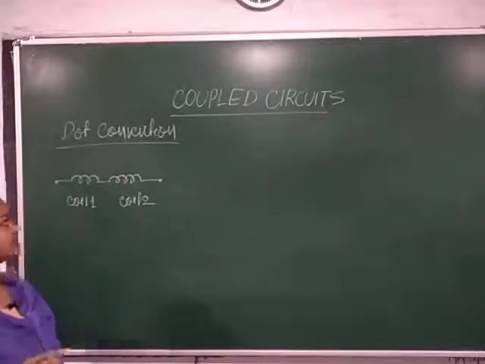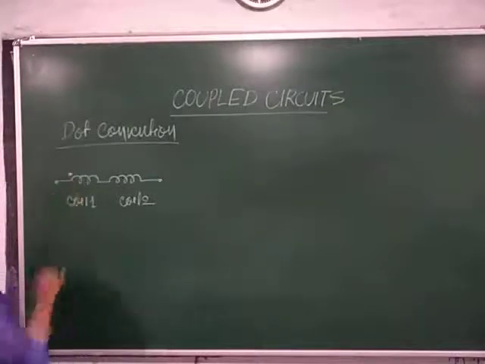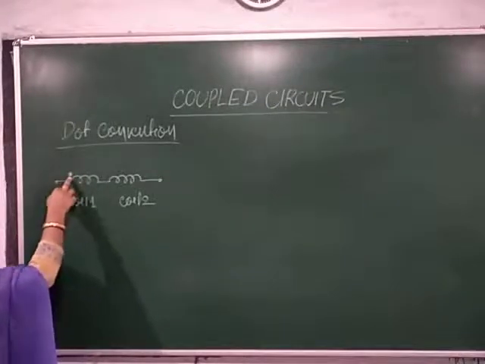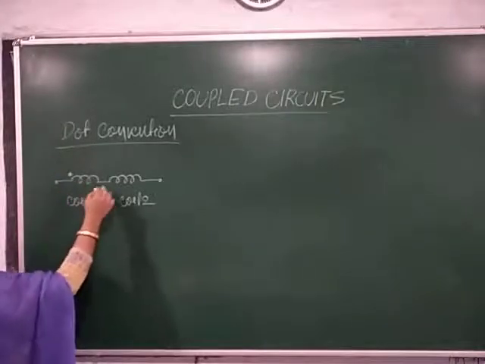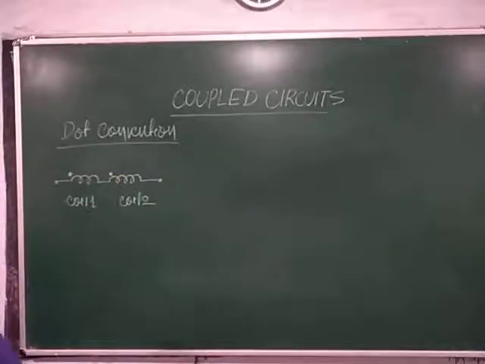And let us see how you determine the induced voltage. Let the dot be present here, meaning this is the starting point of this coil, and here also at the starting point of this coil.